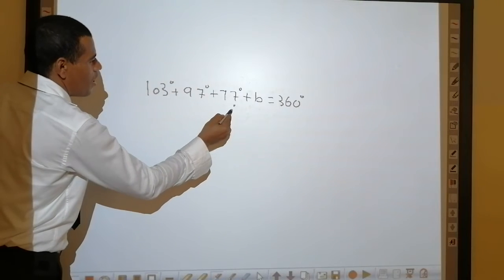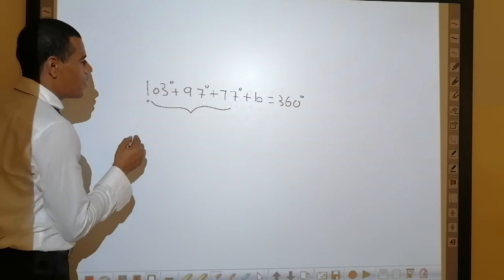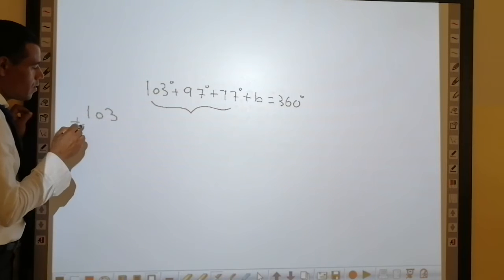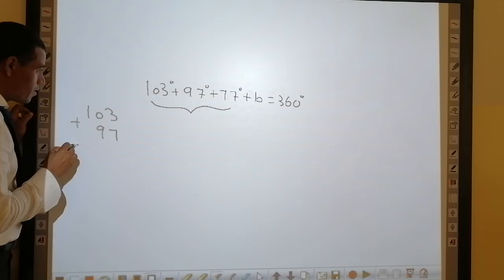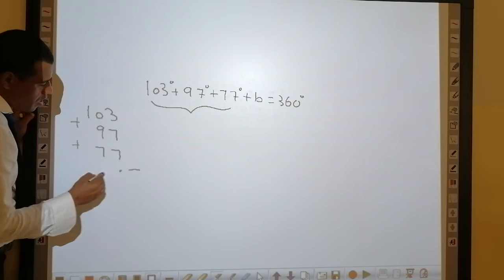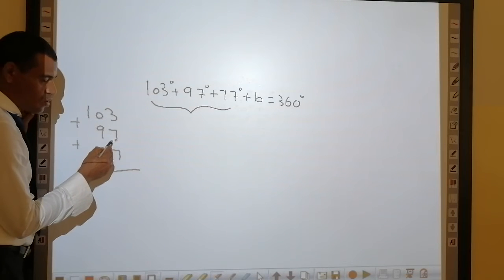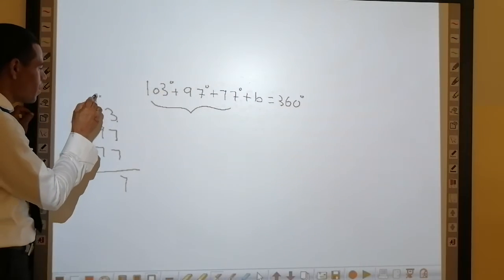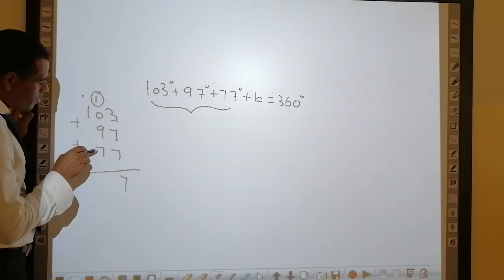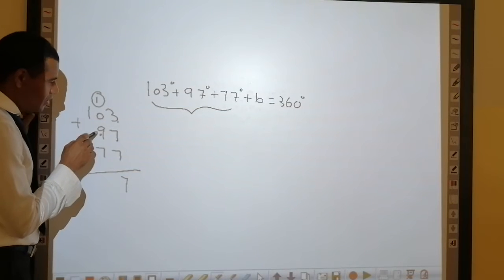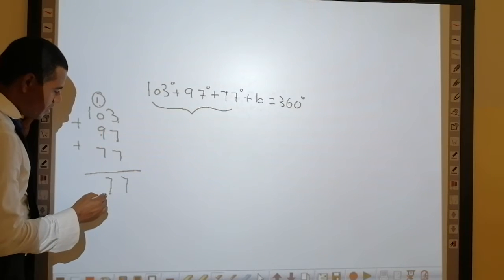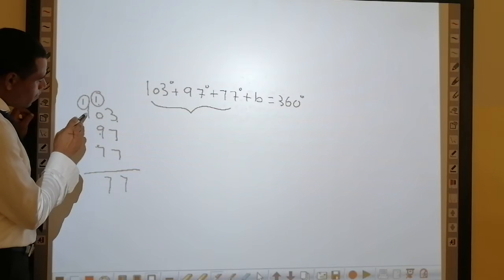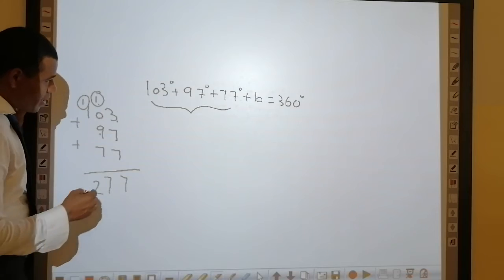Okay, first of all, add all of this. Look, 103 plus 97 plus 77. I will add 7 plus 7 is 14. 14 plus 3 is 17. I will write 7, then I will carry 1. So 7 plus 9 is 16, plus 1 is 17. I will write 7, then I will carry 1. So 1 plus 1 is 2. So it will be 277.